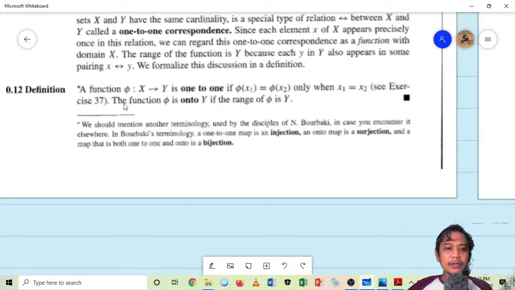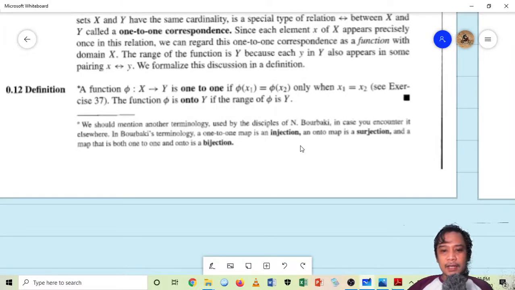Next, we have the function phi is onto y if the range of phi is y itself. Meaning, if phi pairs the domain x into the whole of y. In other words, all elements in y are taken as images.